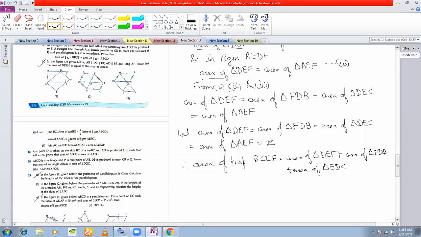All the triangles have equal area, so X plus X plus X, which is equal to 3x. So area of trapezium BCEF is 3x.